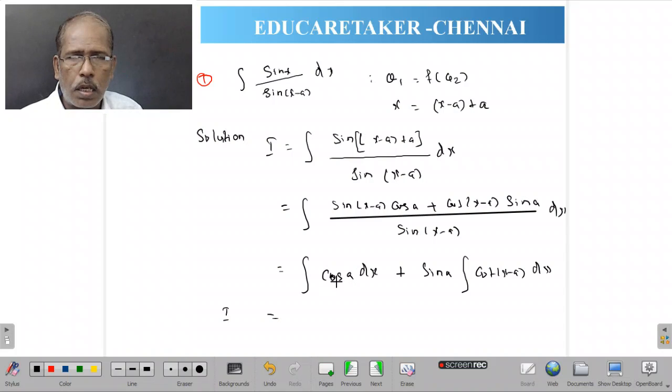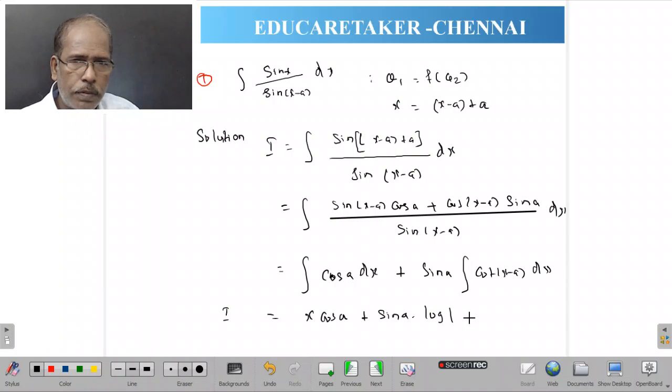Cos a is constant, so cos a in the integral of dx. What is the integral of dx? x. So the integral of the first term is x into cos a, and the coefficient sin a, integral of cot is log mod of sin of x minus a, with integral constant.